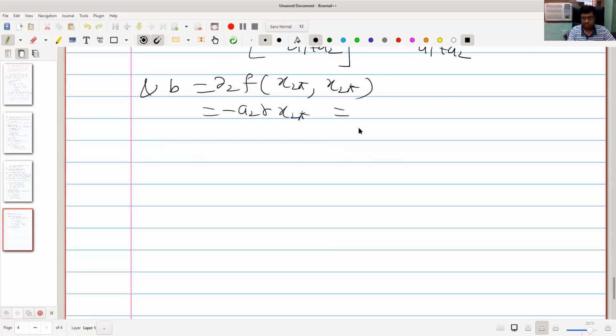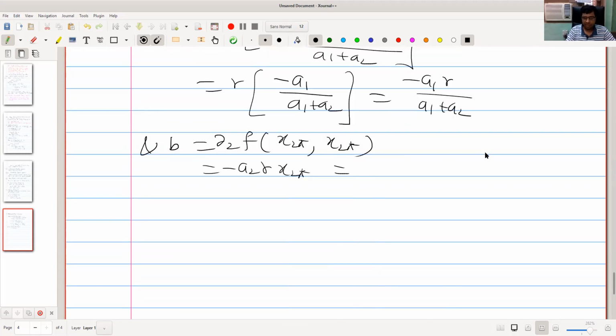So this is minus a2 r upon a1 plus a2. Okay, so we found a and b.